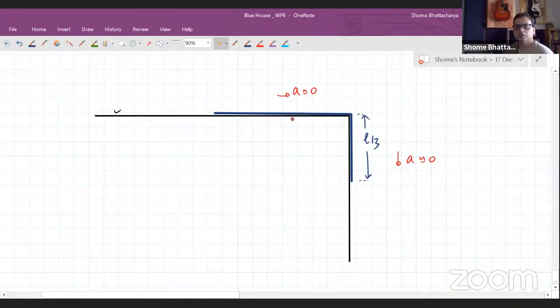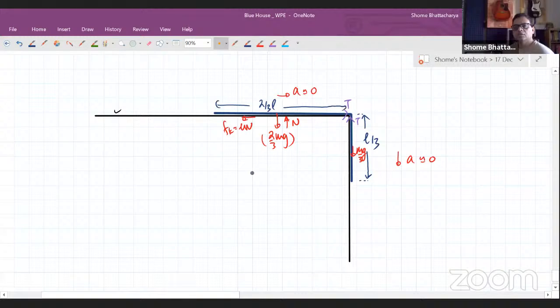Okay, when on this vertical section the tension is like this, on this horizontal section the tension is like this. There is 2/3 of the weight acting here, creating normal reaction and kinetic friction mu N, and 1/3 of the weight here, because this top portion's length will be 2/3 of the total length.